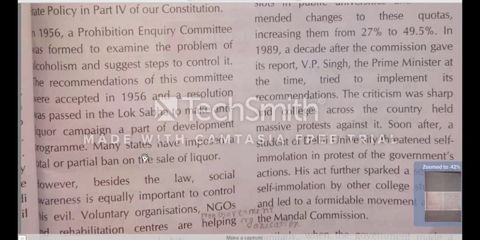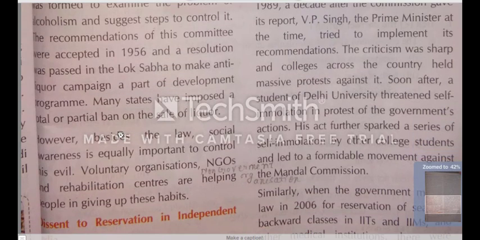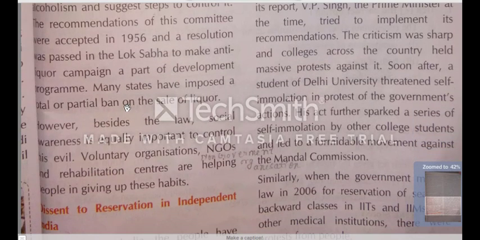Many states have imposed a partial ban on the sale of liquor, meaning selling is not fully allowed, but with some conditions it is allowed.